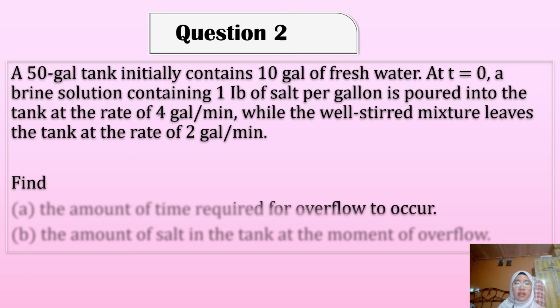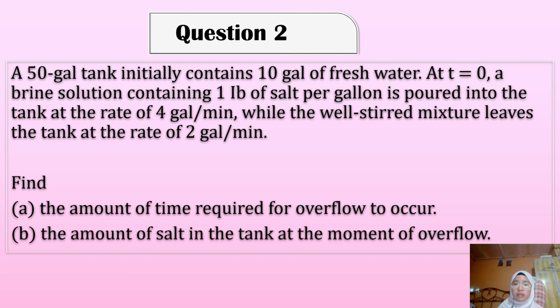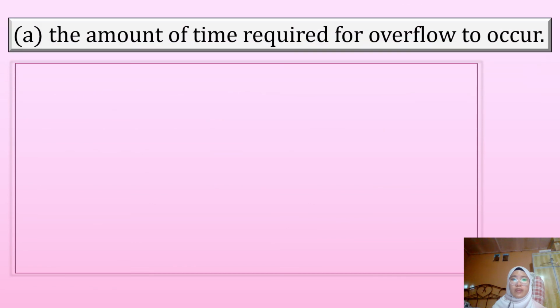Now we need to find A, the amount of time required for overflow to occur, and B, the amount of salt in the tank at the moment of overflow. A. The amount of time required for overflow to occur.